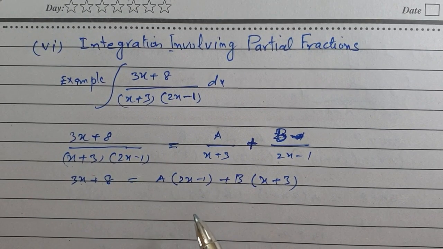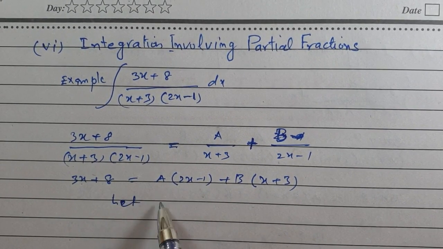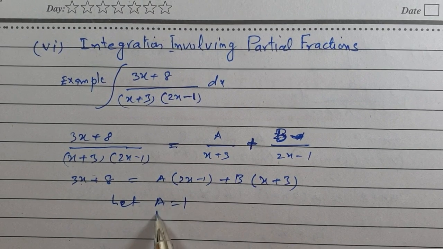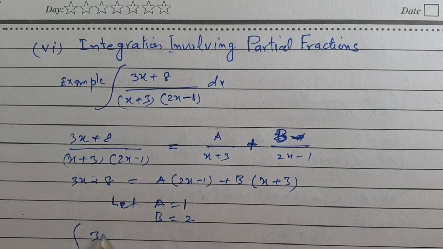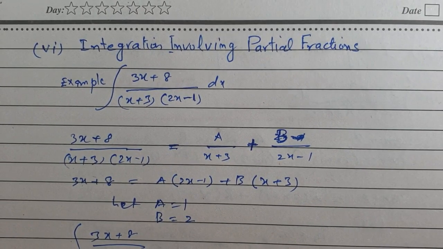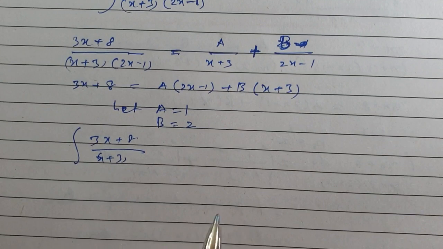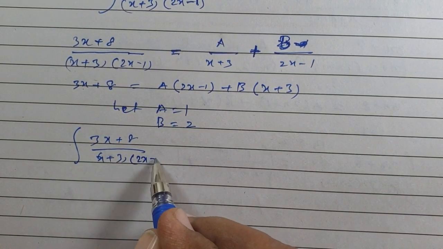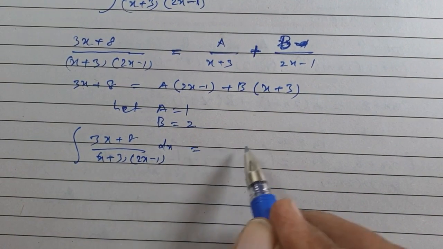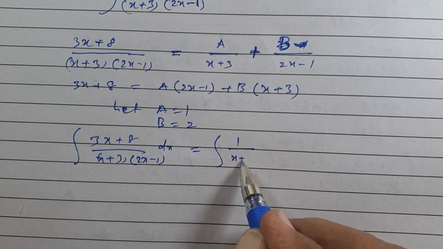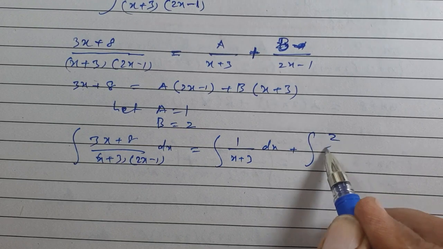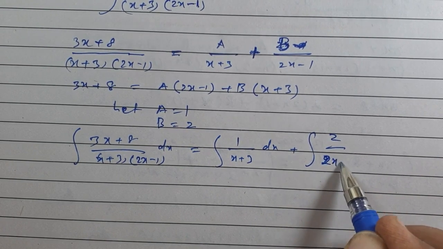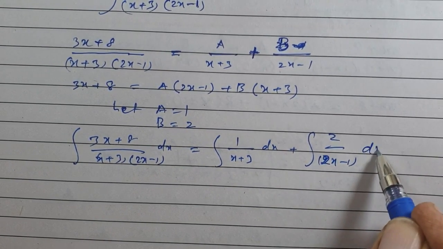So we make partial fractions. We suppose here let a equal to 1 and b equal to 2, then the integral of (3x plus 8) over (x plus 3)(2x minus 1) equals integral of 1 over (x plus 3) dx plus integral of 2 over (2x minus 1) dx.